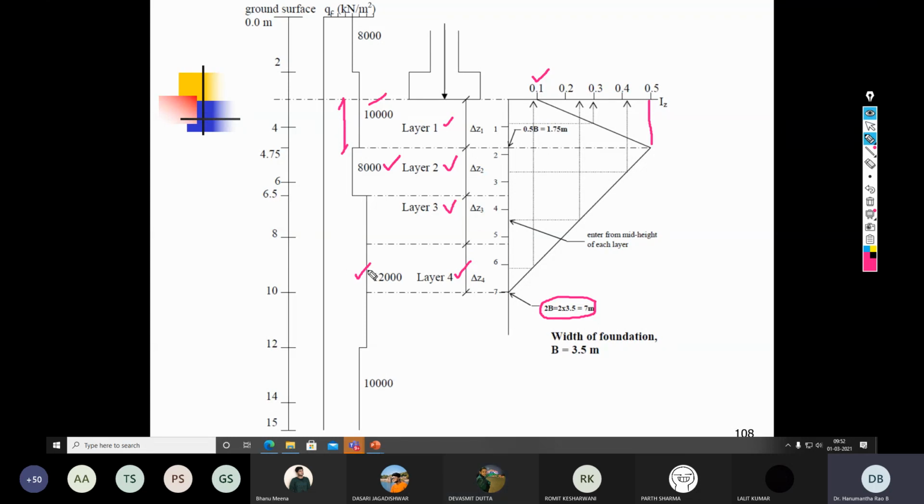If I take 6.5 to 10 meter, that 3.5 meter is becoming too thick. So just to increase the accuracy, I have taken one additional value. That's it. Layer 1 can also be done like that. You can subdivide layer 1 into 2 more layers or 3 more layers, and layer 2 also into 2 more layers or 3 more layers. There is no problem, absolutely. You are most welcome to do so.